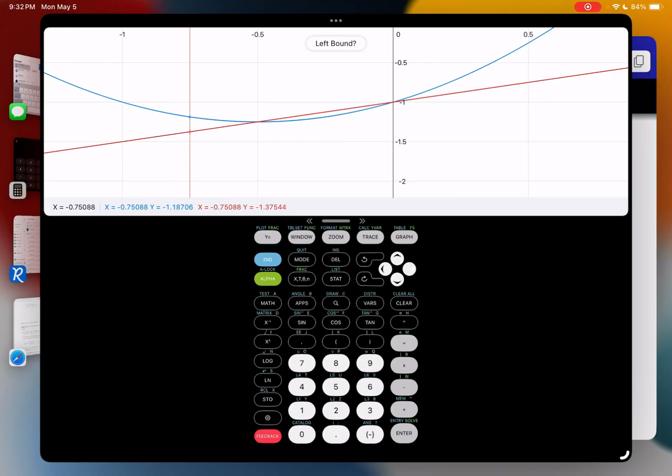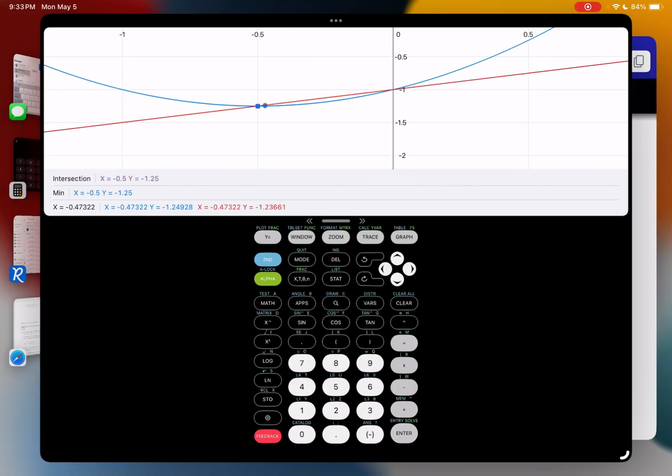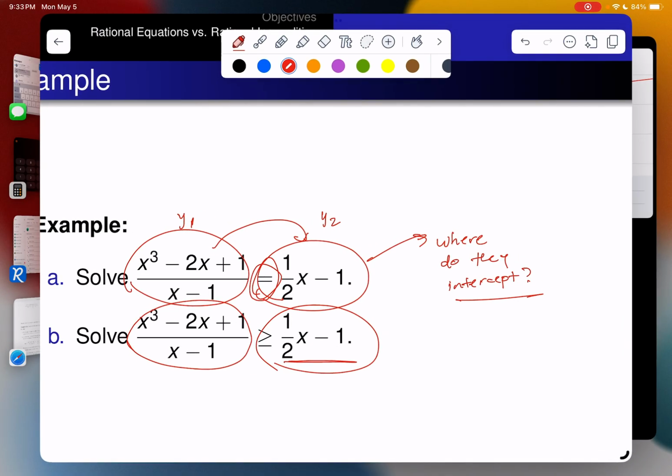You find that cursor, and I'm going to do the first one. Yours will say first curve, mine says left bound, but on the graphing calculators it says first curve. Since I have a left bound, I have to be a little bit to the left, and then a little bit to the right. Yours does first curve, second curve, guess, but you're going to get negative 0.5, negative 1.25.